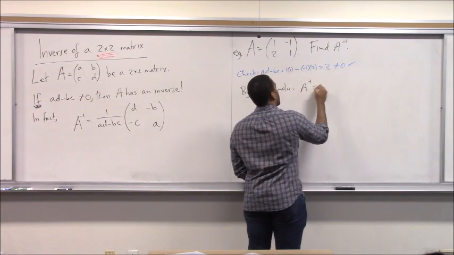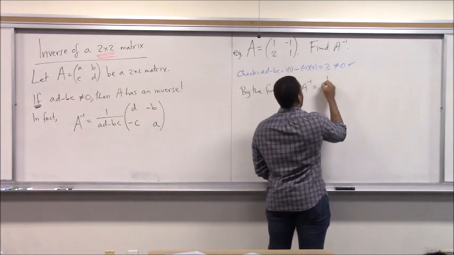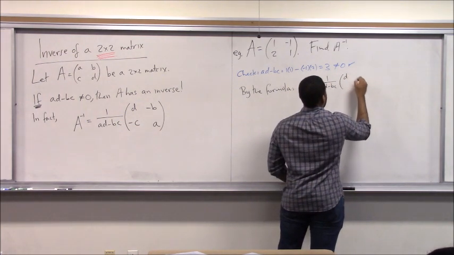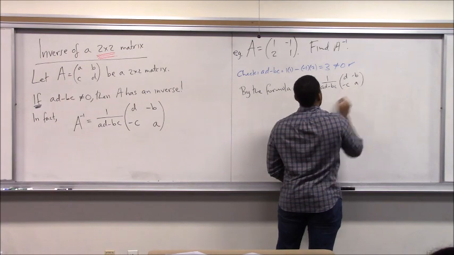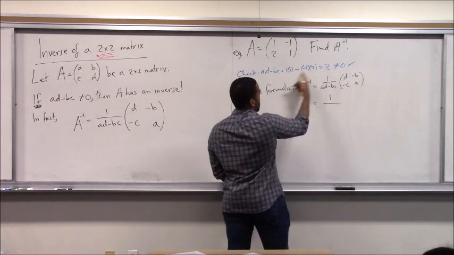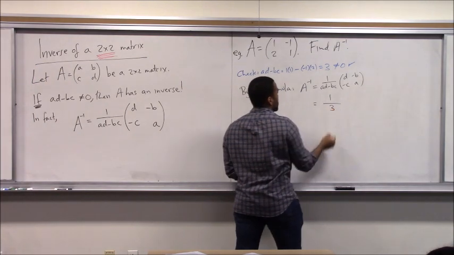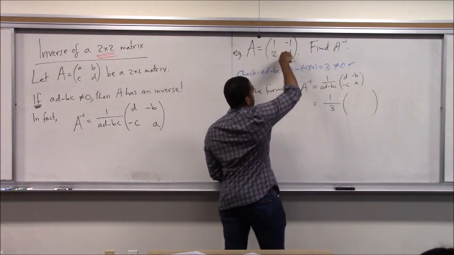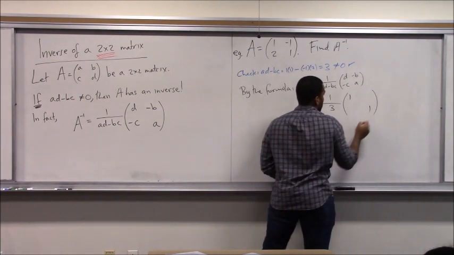The inverse matrix will be equal to 1 over AD minus BC. Now that is 1 over, well, this expression which I just computed, 3, times the matrix. I'm going to swap these two numbers, which ended up being the same.